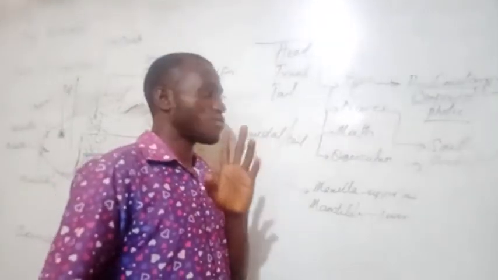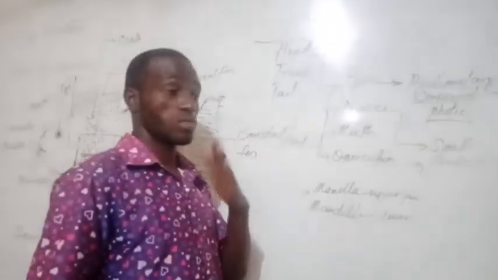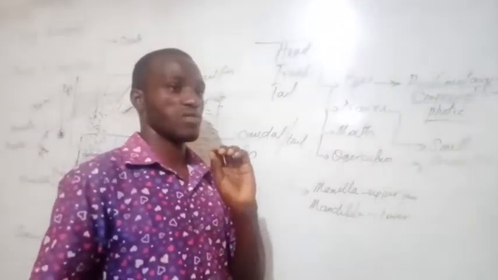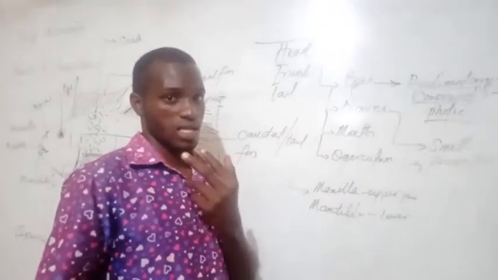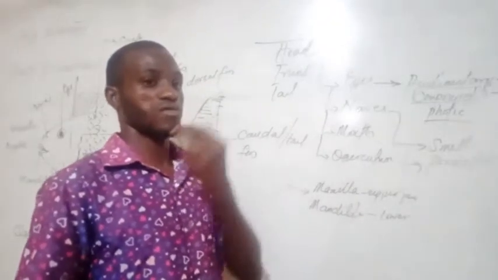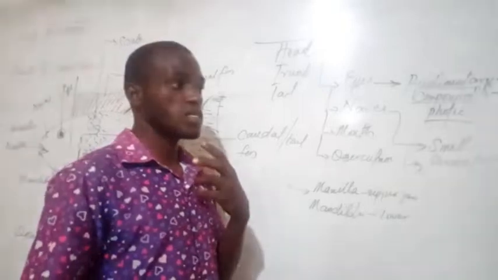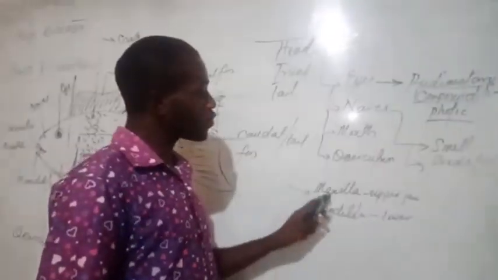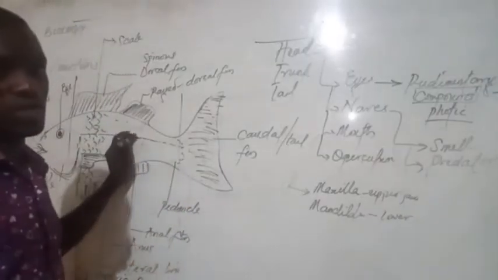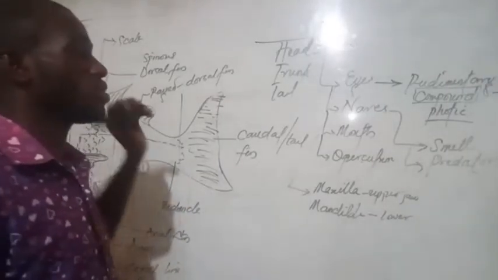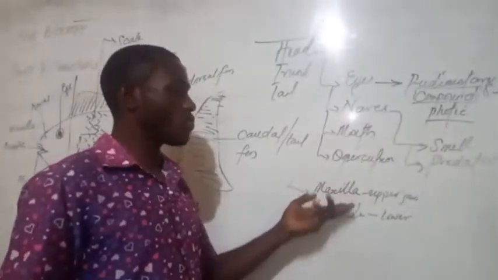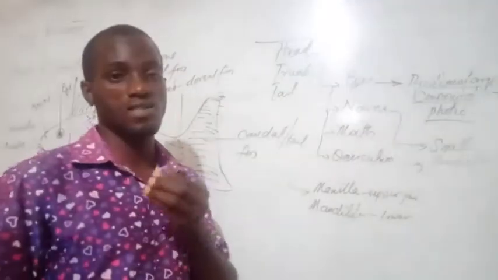So the kind of fish species will determine the kind of teeth. Yes, the species will determine the kind of teeth it will have. So the teeth will also determine its meal. So the food of the fish, depending on the species, is dependent on the kind of mouth, the kind of teeth that it possesses.